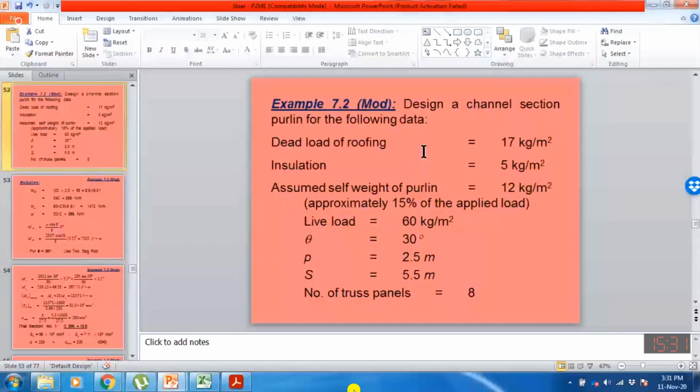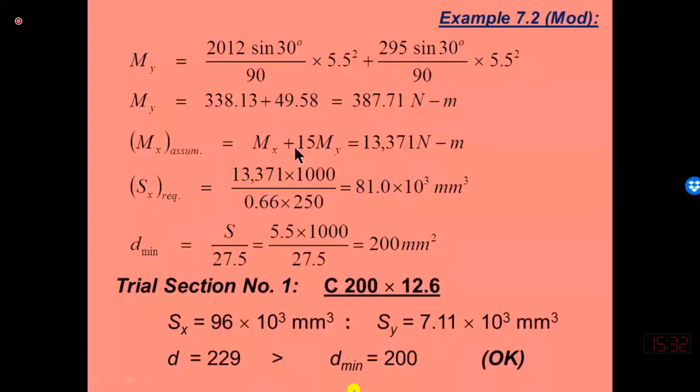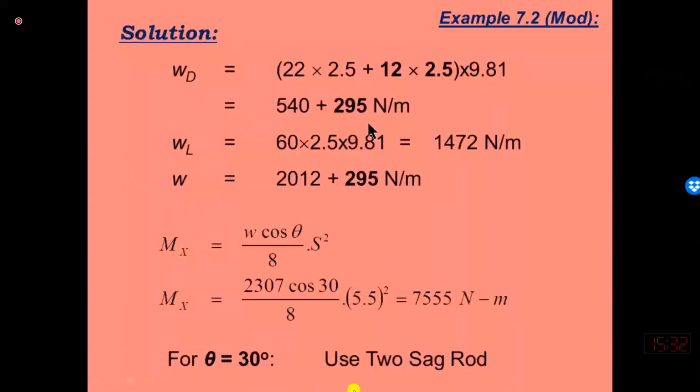If we want to design as a channel, we have already seen we need to convert My and Mx into an equivalent or assumed Mx. So Mx assumed will be equal to Mx plus 15 times My. My multiplied by 15 plus Mx will yield 13,371.